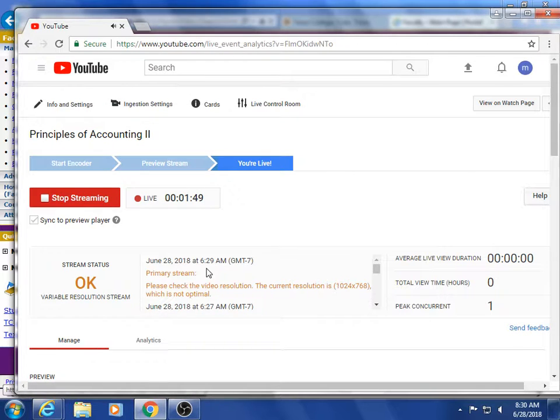There are 3 dates: declaration date, date of record, and the payment date. When we do a stock dividend, nothing is going out of the corporation.